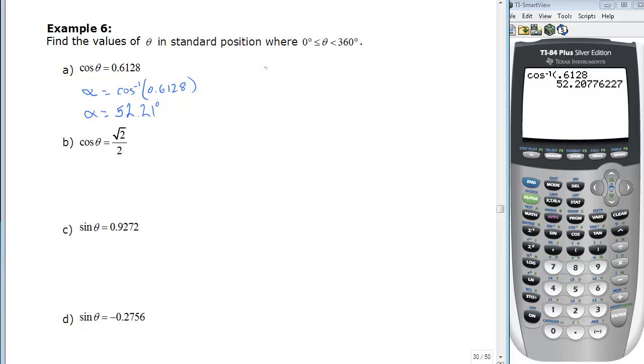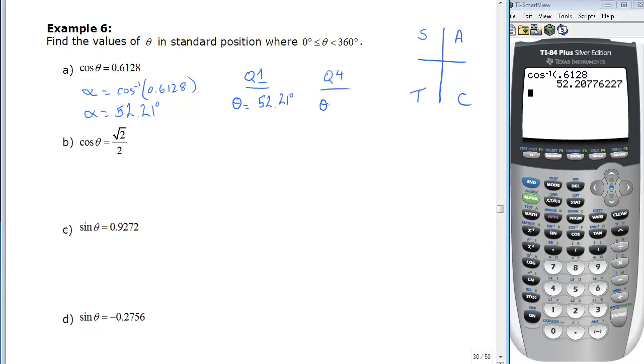So that's our reference angle, so we know that's quadrant 1. We have cosine positive, so off to the side here we're going to sketch all, sine, tan, and cosine positive. That tells us then, if we look over at our quadrants, that we need our answer in quadrant 1 and quadrant 4, because those are the places where cosine is positive. So the angle in quadrant 1 is equal to the reference angle.